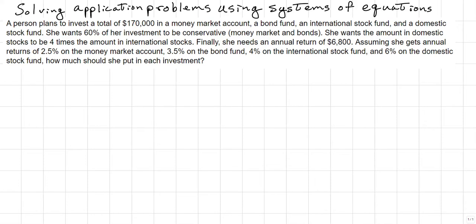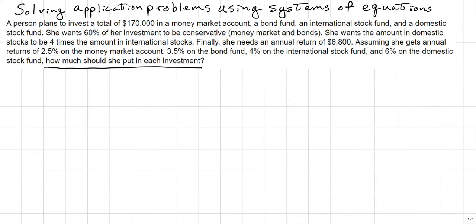These problems are all done pretty much the same. What you need to do is focus on the fact that whatever the problem wants you to find is generally going to be in the last statement. How much should she invest in each investment?